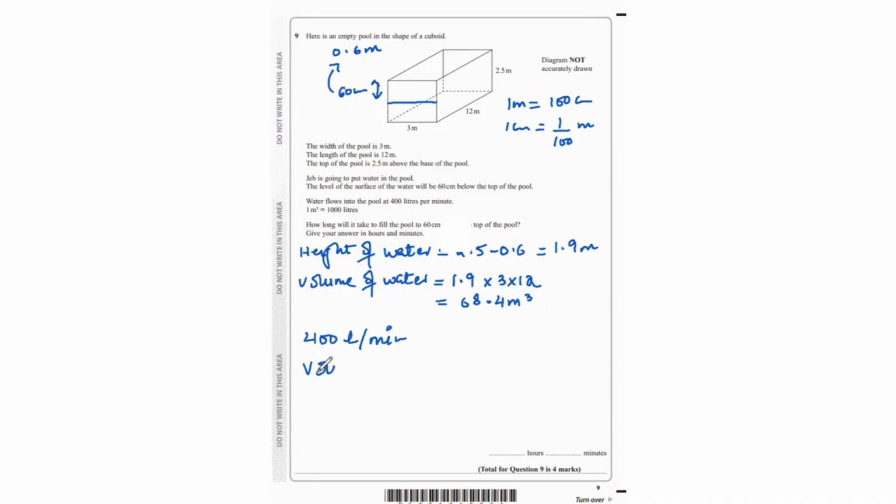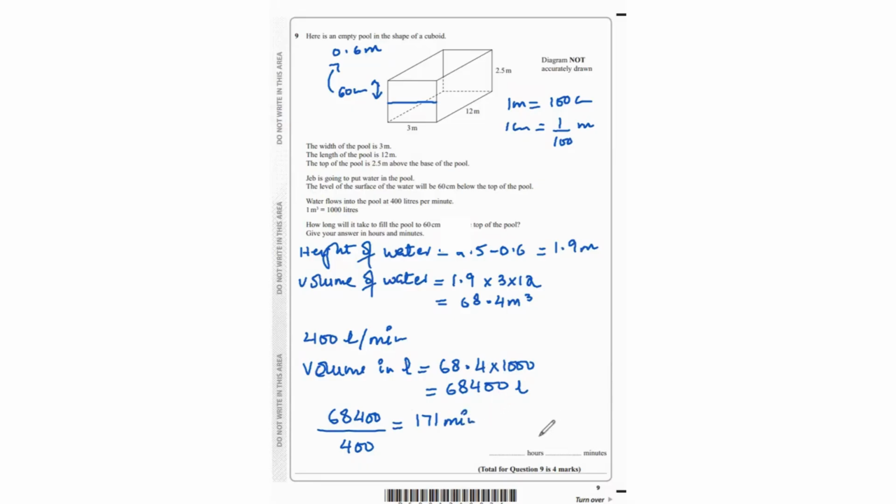So volume in liters is going to be 68.4 times 1000, which is 68,400 liters. If in 1 minute we're getting 400 liters in the pool, for 68,400 we'll divide 68,400 by 400, and that gives us 171 minutes.